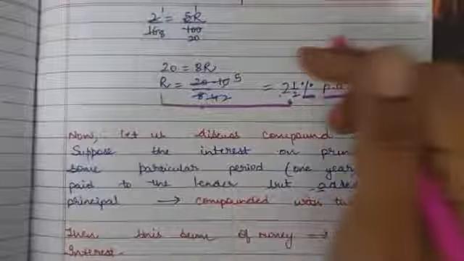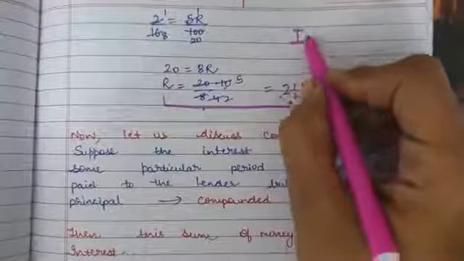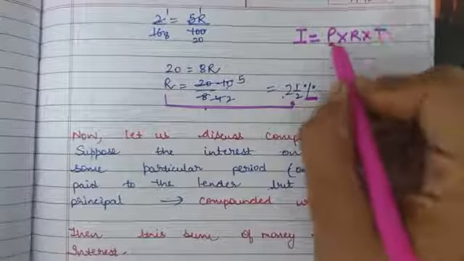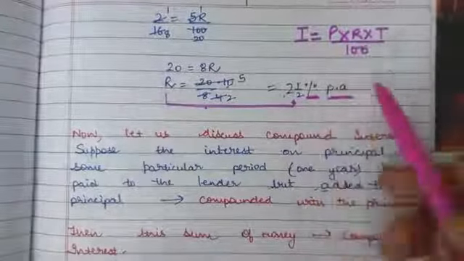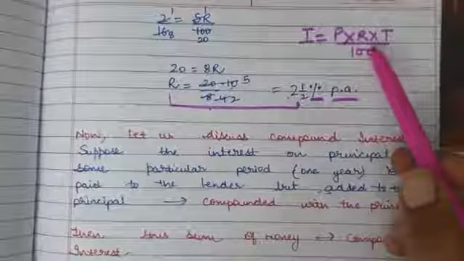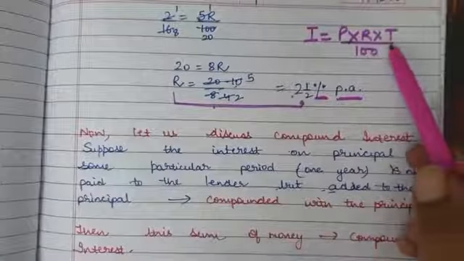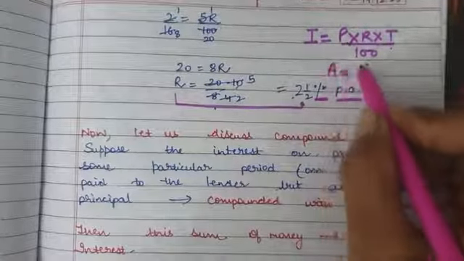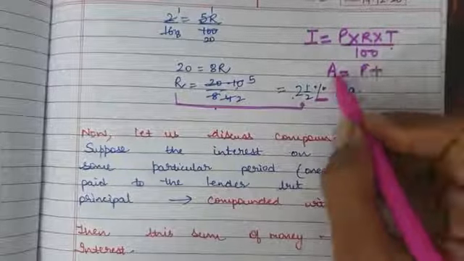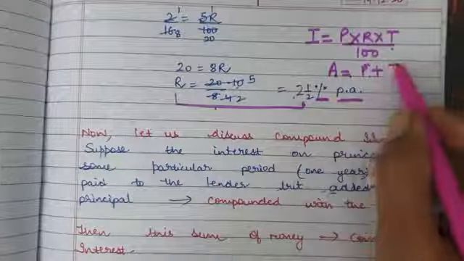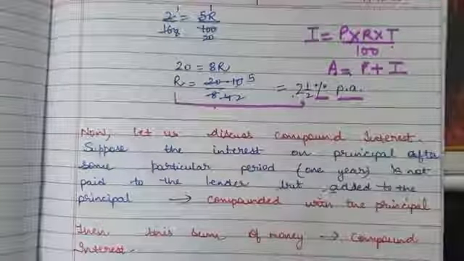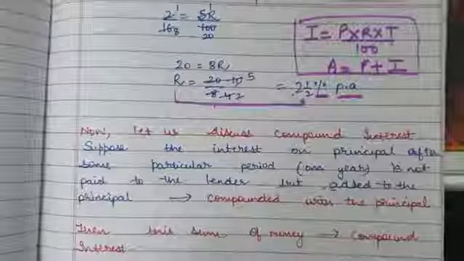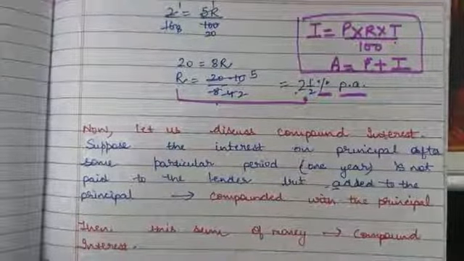Always keep in mind, we are using only two formulas, that is interest is equals to principal multiply rate of interest multiply time upon 100. And one more formula we are using, that is amount is equals to principal plus interest. With the help of these two formulas, you have to do all the questions. Clear, children?